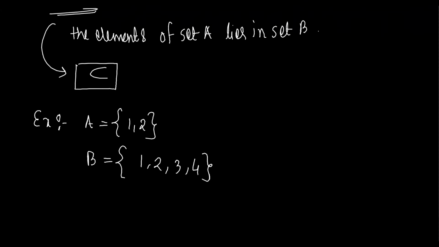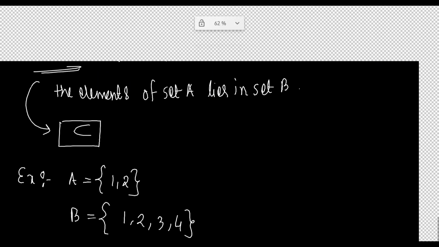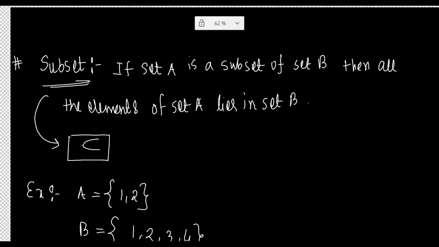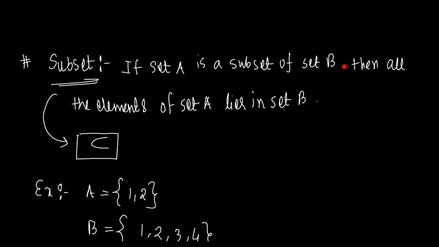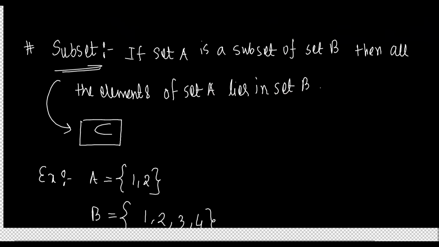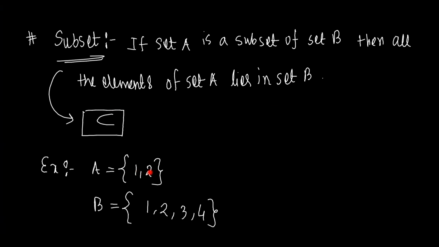Now what is the condition here? If set A is a subset of set B, then all the elements of set A will lie in set B. You can see that set A has 1, 2, and B has 1, 2, 3, 4. So automatically all the elements that A has are present inside set B also.